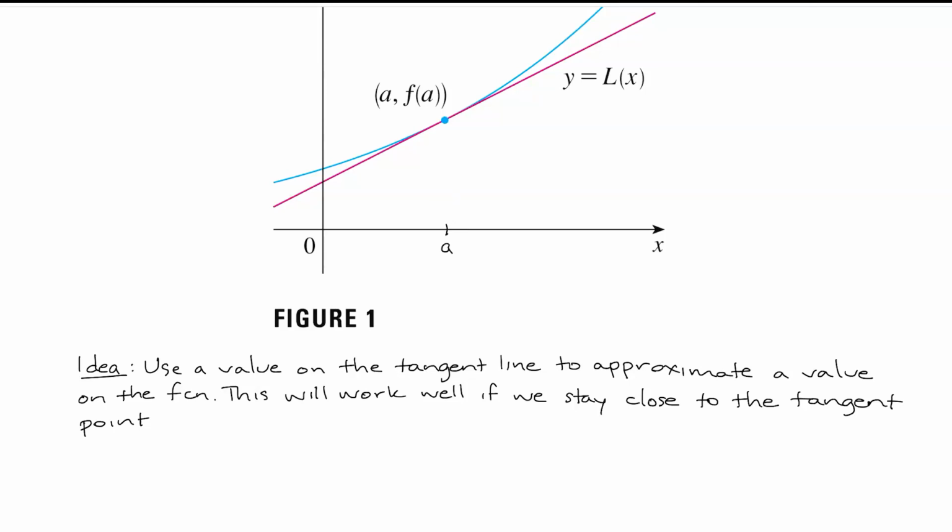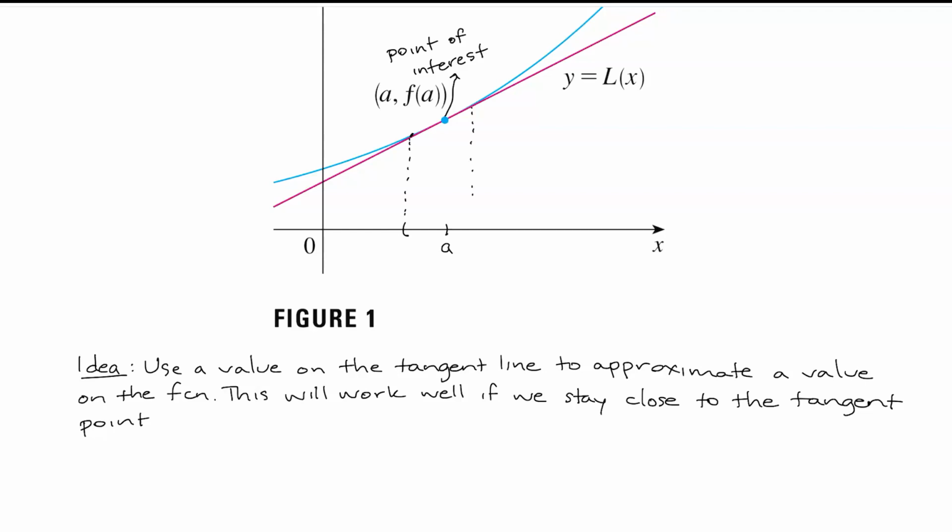So in the picture here in figure 1, we have our input value of a, right? This point a, f of a, we call that the point of interest, right? Which I hesitate to abbreviate anymore so we don't mix it up with point of inflection.